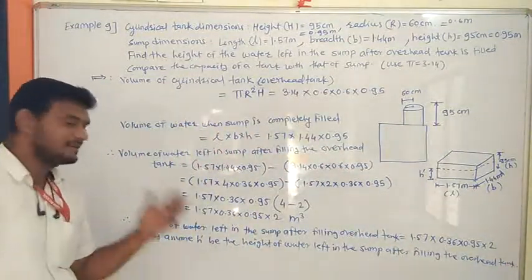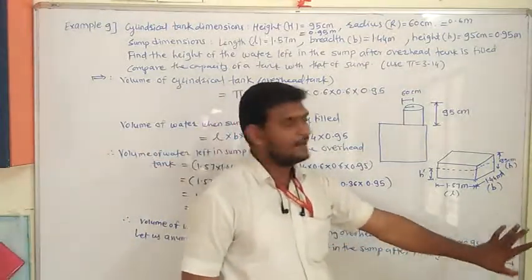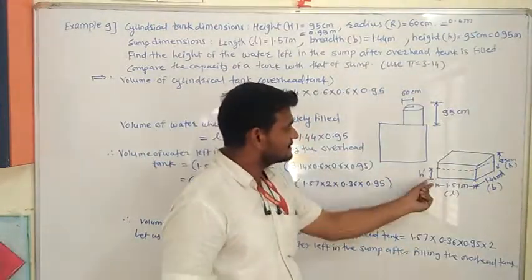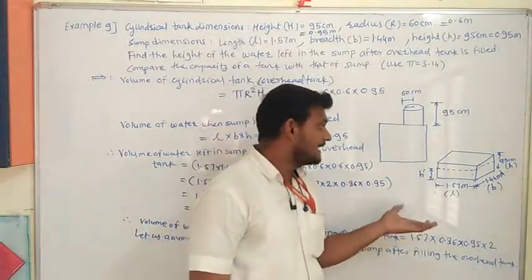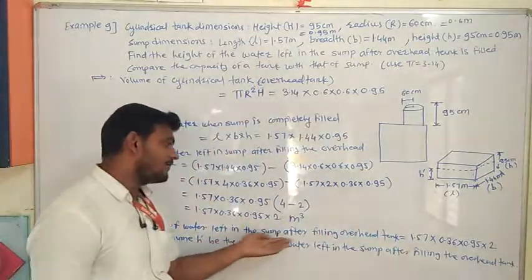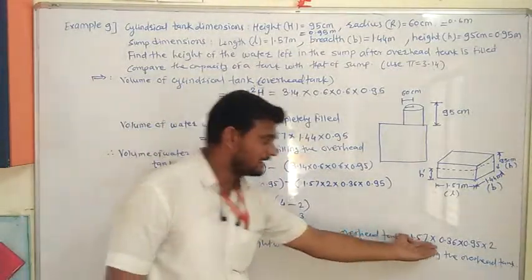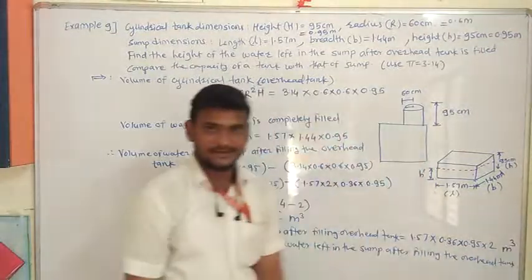We will assume H dash be the height of the water left in the sump after filling the overhead tank. After filling the overhead tank, this much height of water remains in the sump. Then what is the volume? The volume we have got here. The volume of water left in the sump after filling the overhead tank is equal to this much, this much meter cube volume is left there.